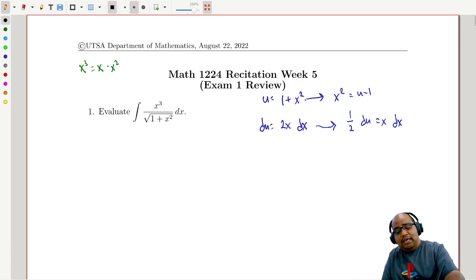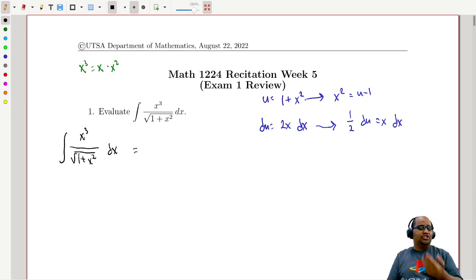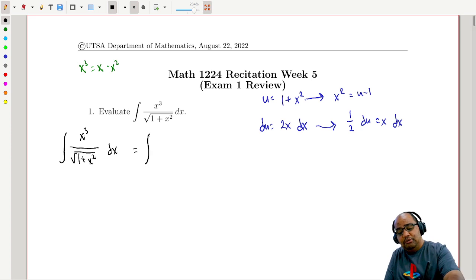So let's go ahead and rewrite our integral here. So I'll write the original one here, x cubed over the square root of 1 plus x squared dx. Okay, and now we go from the x world into the u world. So here we go. x cubed was x times x squared. The x squared is u minus 1.